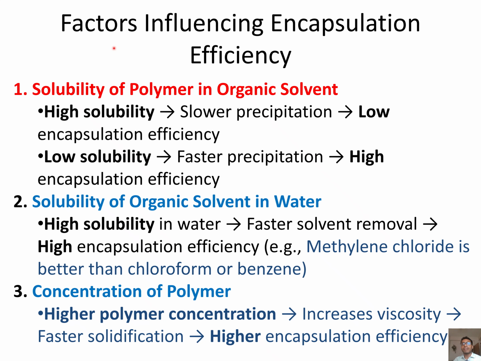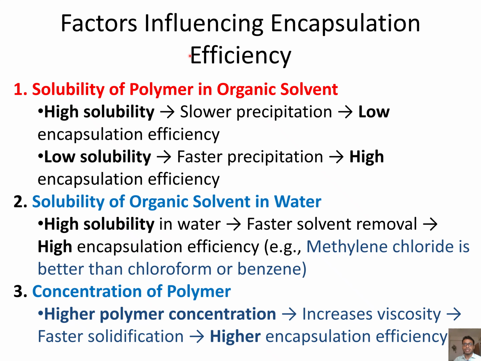However, there are some factors which will impact encapsulation efficiency, because sometimes your encapsulation may be very robust and sometimes it is not so good. Actually, this will depend on some factors. Here you are using polymers, you are using solvents, you are applying temperature, you are evaporating, drying, then mixing, your agitation, all of them are factors.